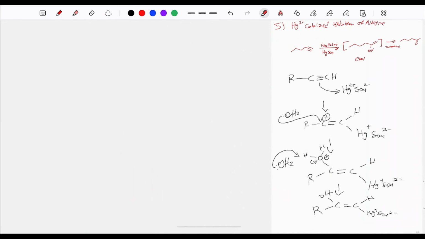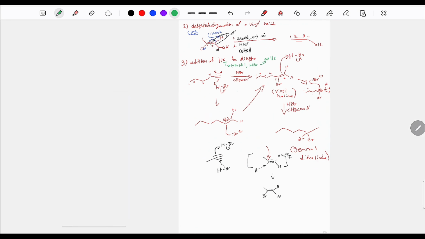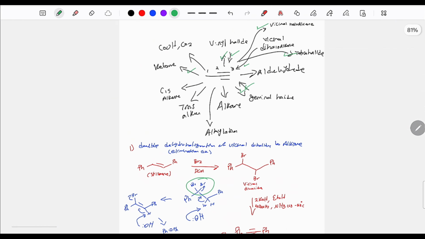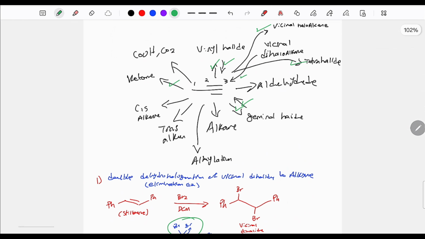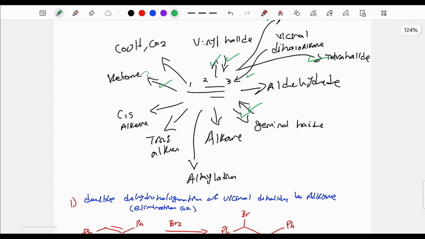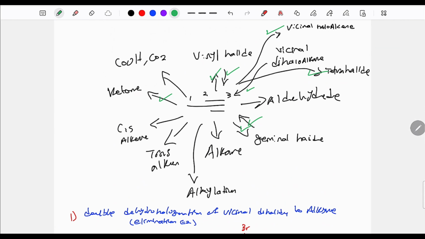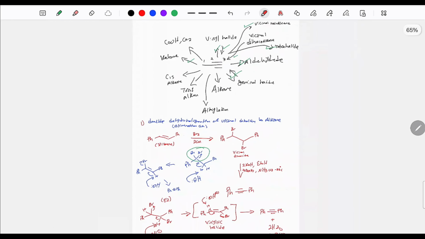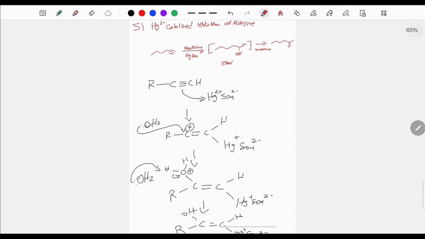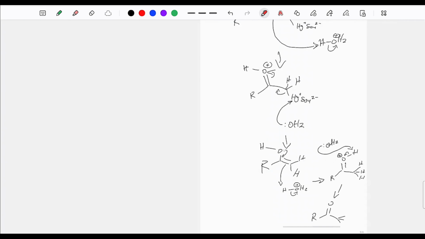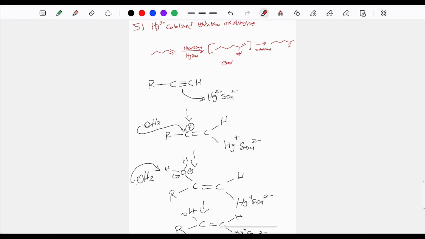But I do want to go back, all right? This has been a very long, kind of winded explanation for all these, but I do want to make sure you guys understand that we now know how to make a ketone and we know how to make an aldehyde, which is right over here. We saw how to make a ketone from before, right? We had mercury catalyzed hydration of my alkyne.